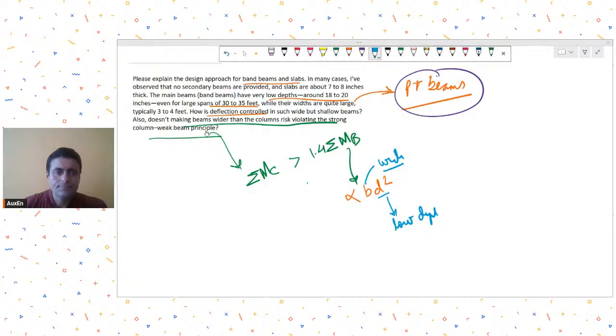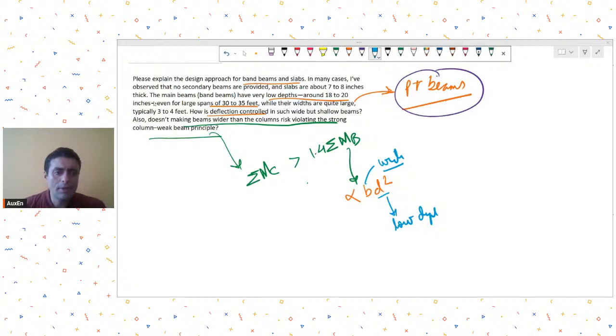So moment capacity wise, giving lesser depth beams with more width will help you satisfy the moment capacity ratio. But regarding the deflection, if these are the dimensions you have observed, chances are that those beams are PT beams and not normal beams.